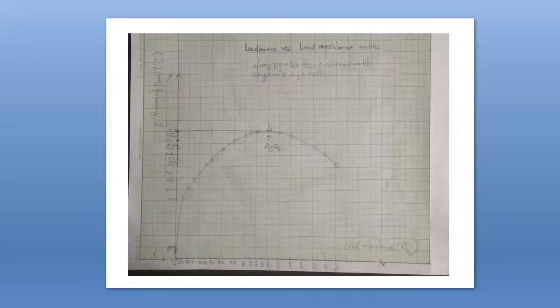You know, the maximum power transfer condition happens when load resistance equals source resistance, but for the practical case we have noticed that under the maximum power transfer condition there is a heating effect in a given system, and as a result the system gets damaged or burned out.